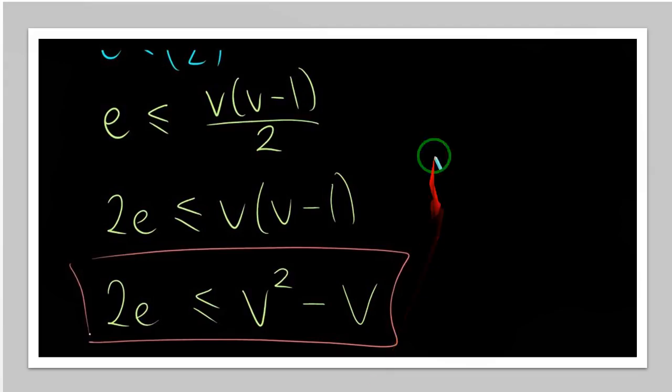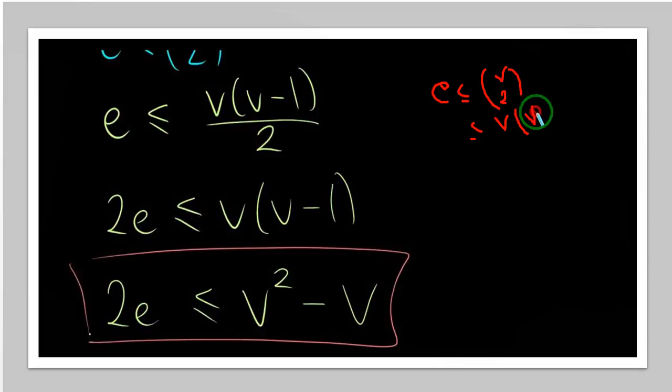Coming to the proof, edges is greater than or equal to the combination of vertices and edges. Edges was 2. In a combination we have a formula using factorial: v into v minus 1 divided by 2 factorial.